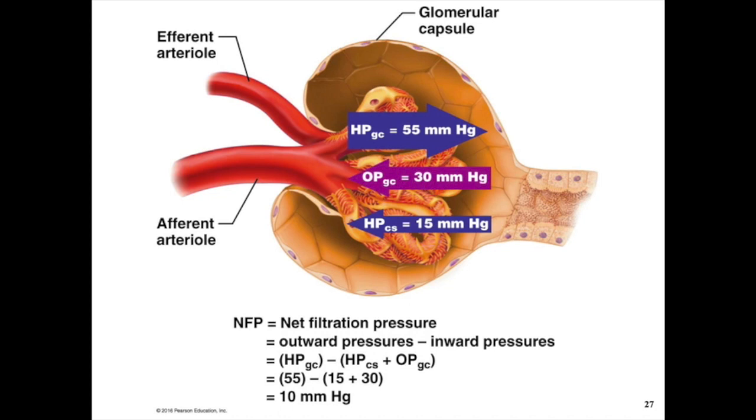Anything that clogs the tubules, it doesn't even need to be a stone, I was just coming up with a stone because it's a little bit more significant, may increase the intracapsular hydrostatic pressure, the pressure inside of the capsule.